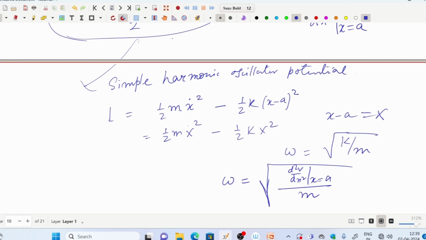This is a very interesting result: if you have a potential which has a minima, around that minima you will find a harmonic oscillation, and the frequency of that oscillation is given by the double derivative of the potential at the minima divided by m.